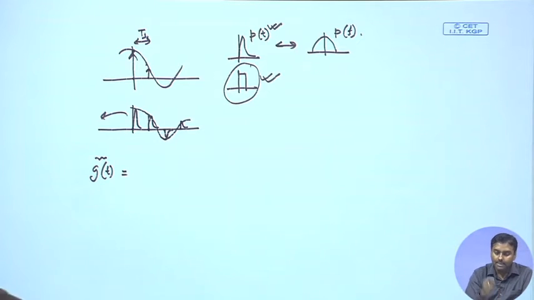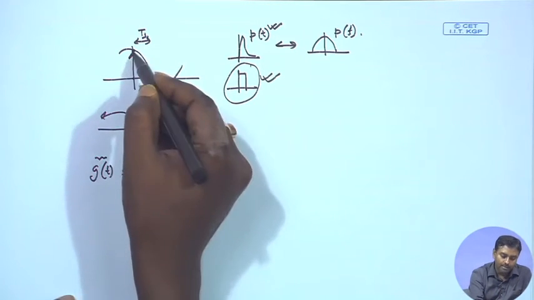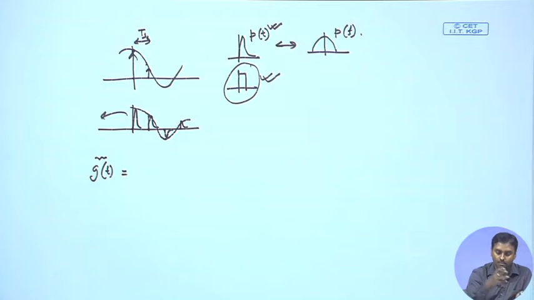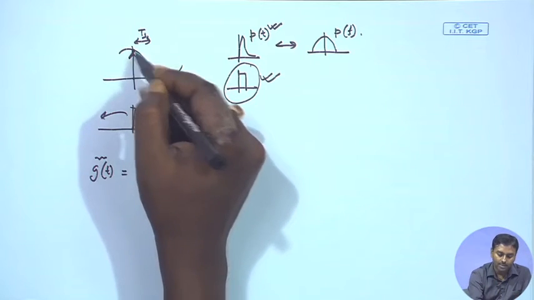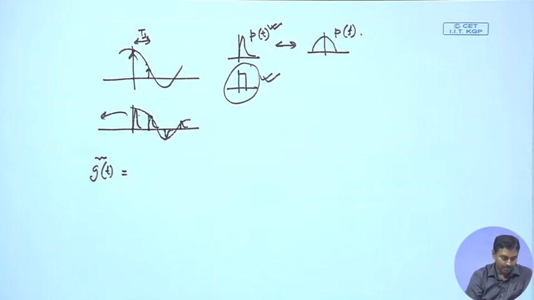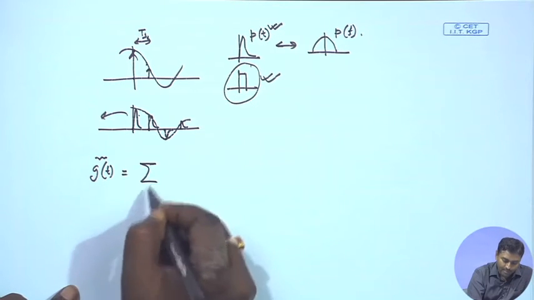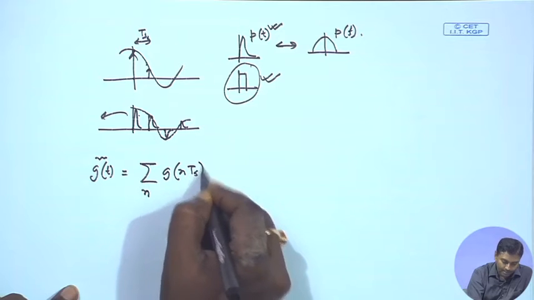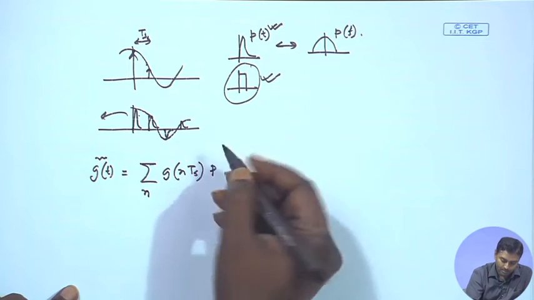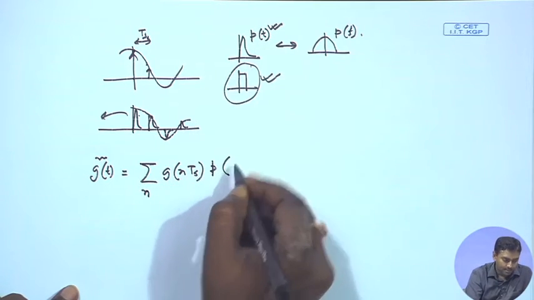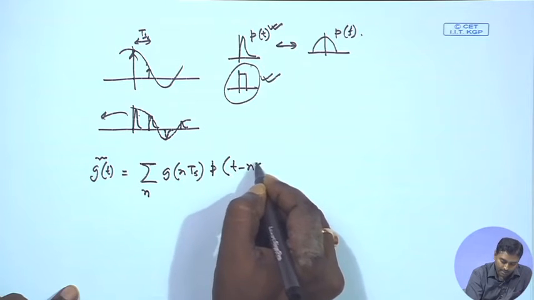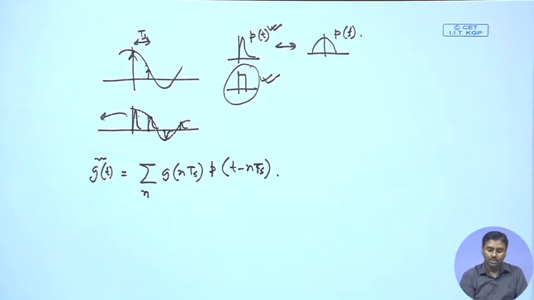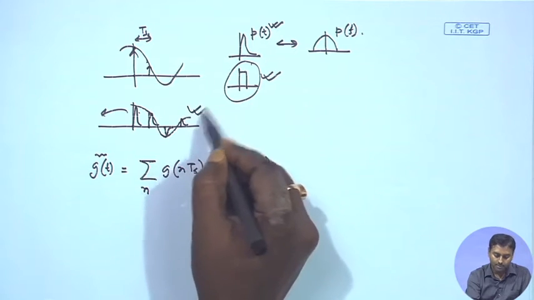Okay. So, we are taking samples and multiplying the strength of each sample with the pulse. Okay. So, basically this will be represented as nothing but the sum of g(nTs) p(t minus nTs), right. So, that is actually our signal.